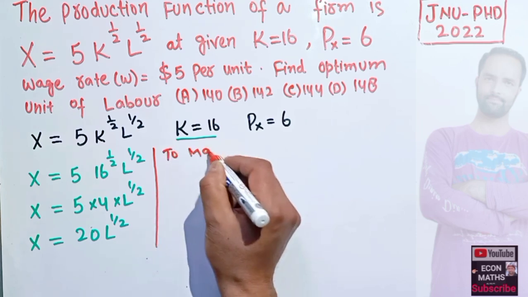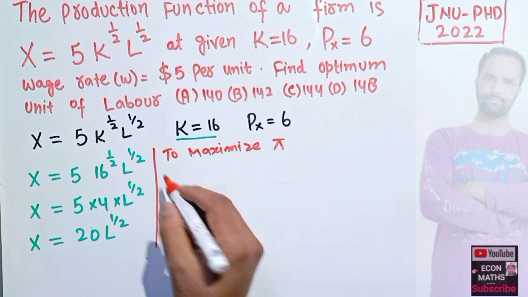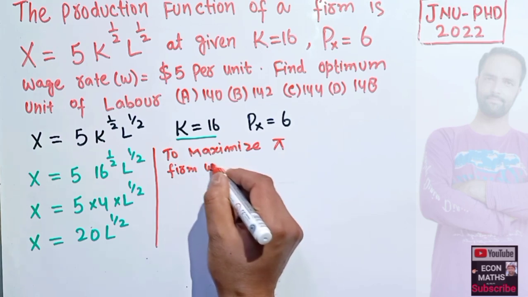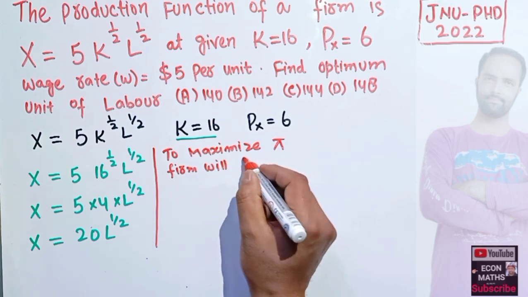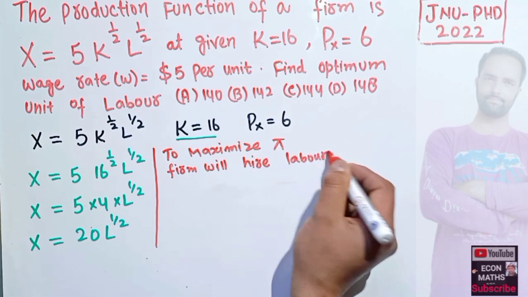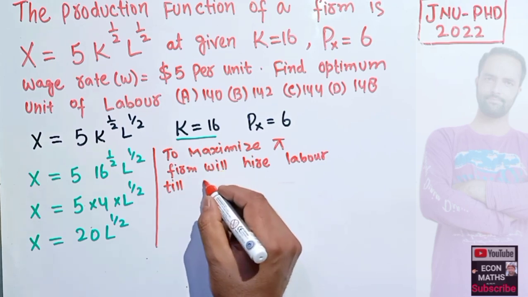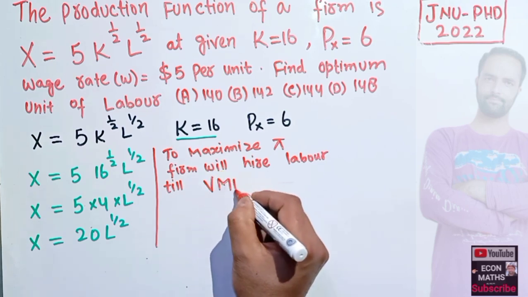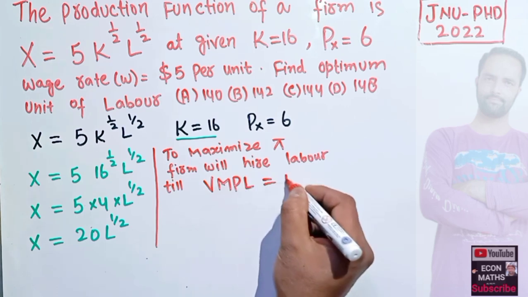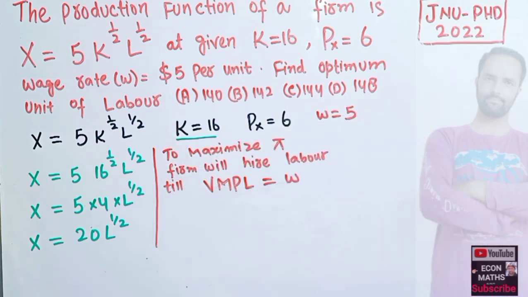To maximize profit, firm will hire labor until value marginal product of labor is equal to wage rate, and wage rate is being given as 5 here.